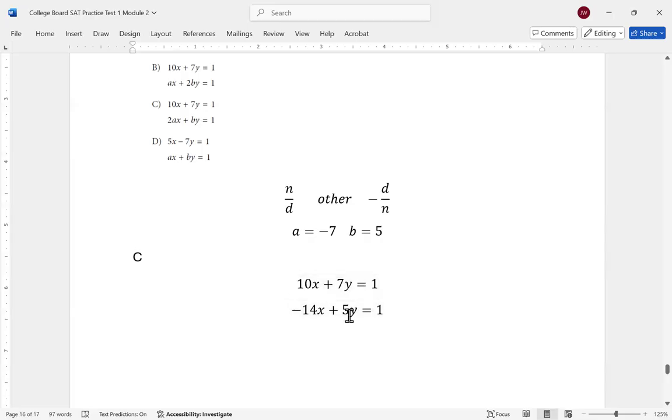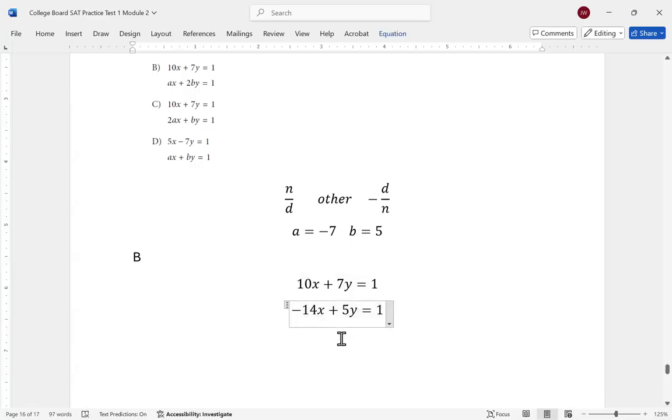These are not negative reciprocals of each other. You have to divide by 2 one way and multiply by 2 the other way. So not negative reciprocals. And then you could also check D and see that D doesn't work. But as we saw, B is the one that does work.